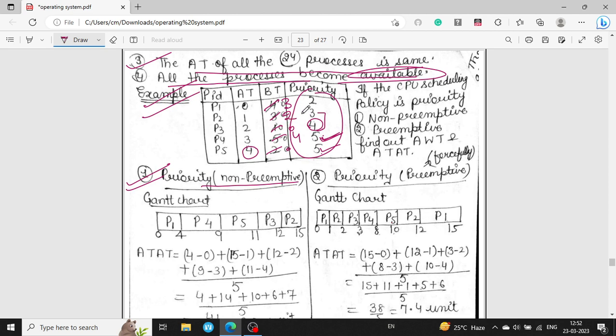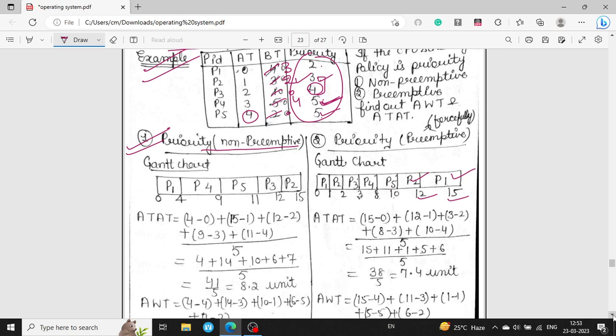who will use? P2, because its burst time is smaller and its priority is higher from P1, so that's why P2 will be right here. It will use 2 seconds, and at the end P1 will be used for 3 seconds. That is total 15 seconds for completion of task of P1.